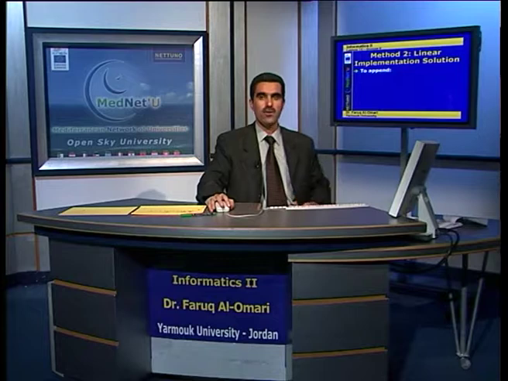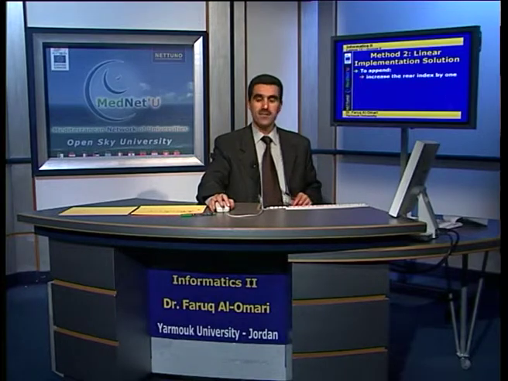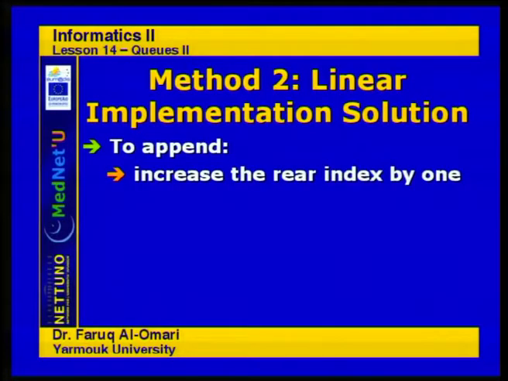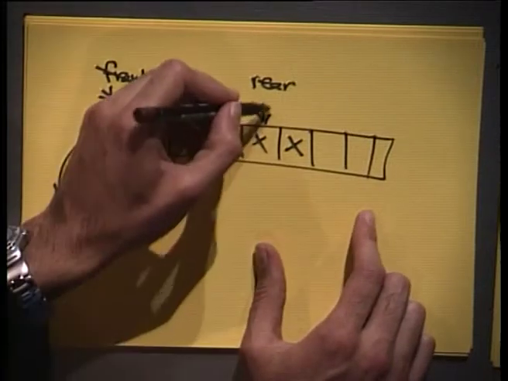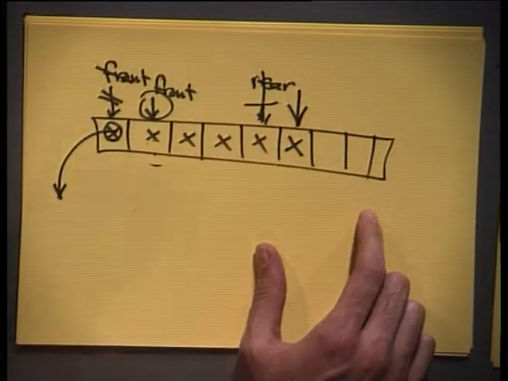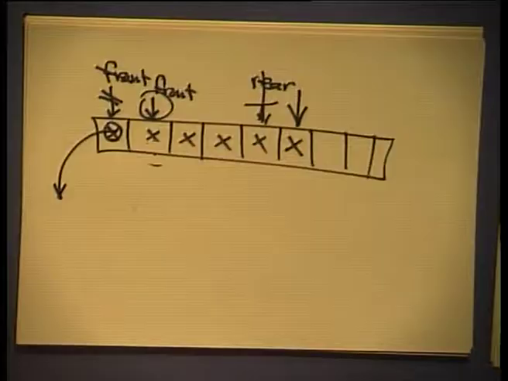Well, then according to the solution, to append at the very end, I increment the rear pointer by 1 because the new entry is going to come and sit here, right? And then I'm going to increment the rear counter so that it goes and points here.